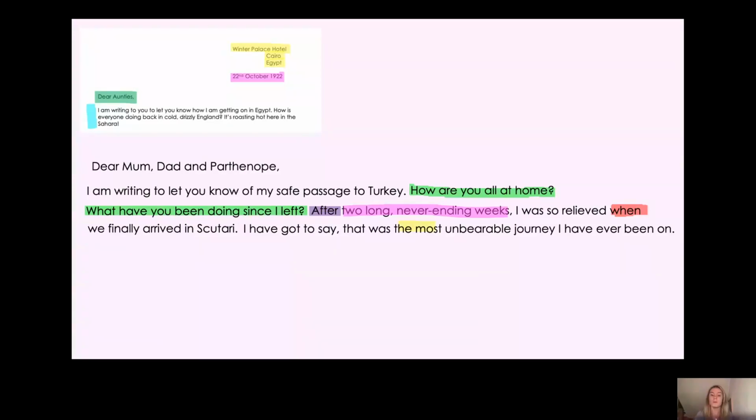Did you spot it? The most unbearable. So I have used a superlative adjective here, haven't I? Remember we learnt about these in phonics. So I've used a superlative adjective, the most unbearable. And I've used the most rather than adding the suffix est because unbearable has 4 syllables.